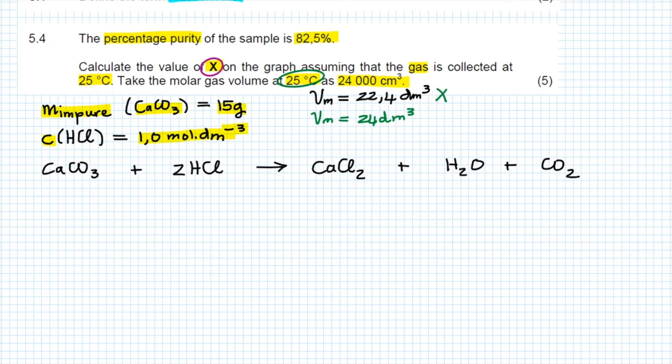Please ensure that whenever you are answering questions of this nature, that you label all of the values that you're writing down. For example, over here, I've indicated that we are dealing with the mass of calcium carbonate. Here we are looking at the concentration of hydrochloric acid. So either include these names in brackets or use them as subscripts.